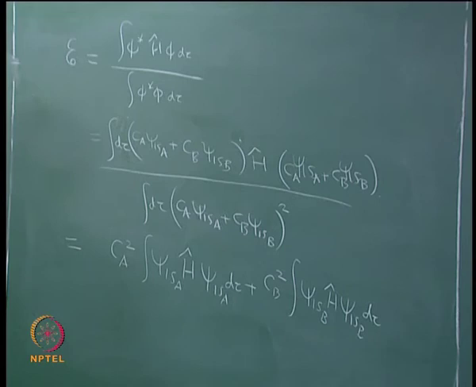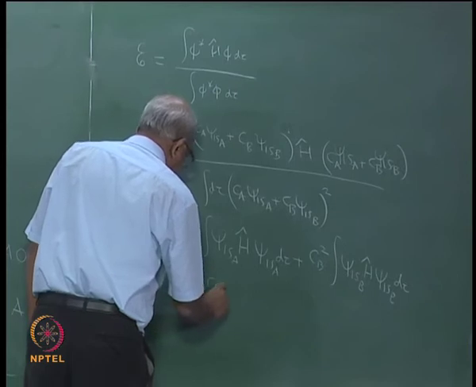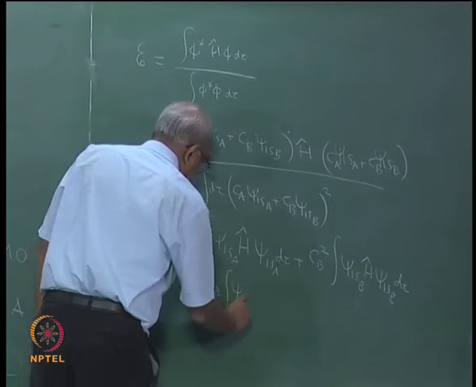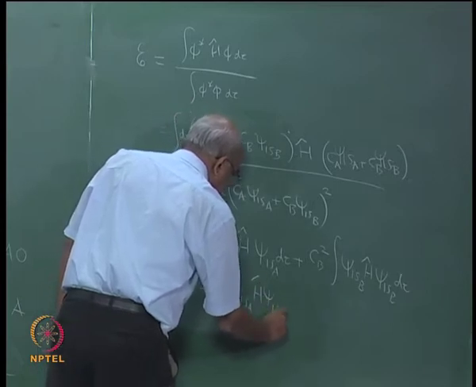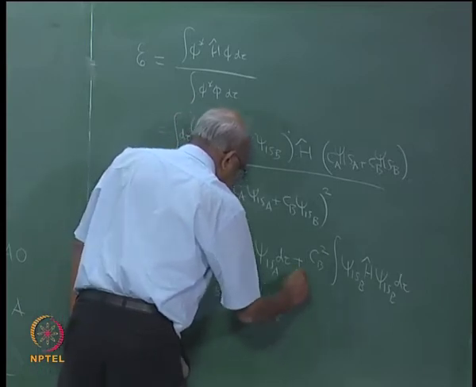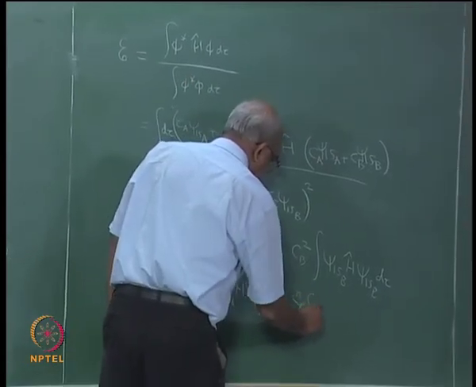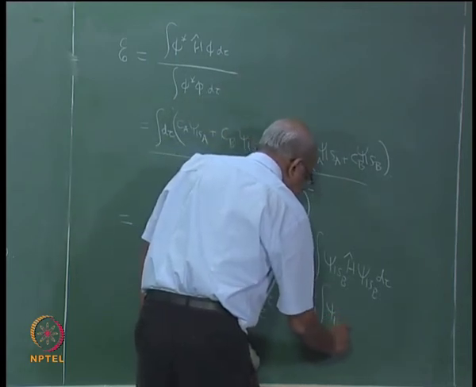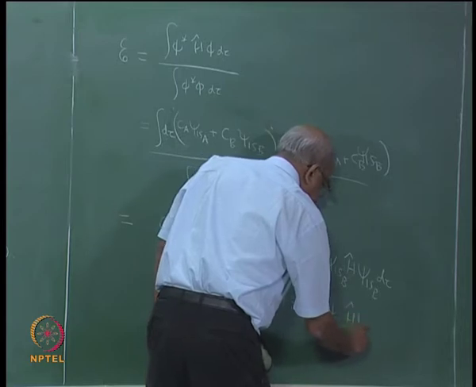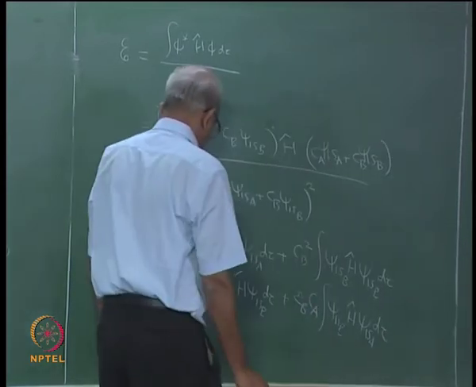That is pretty straightforward, plus you are going to get 2 cross terms, let me just write them: plus Ca Cb integral psi 1s a h psi 1s b d tau plus Cb Ca integral psi 1s b h psi 1s a with a volume element d tau.